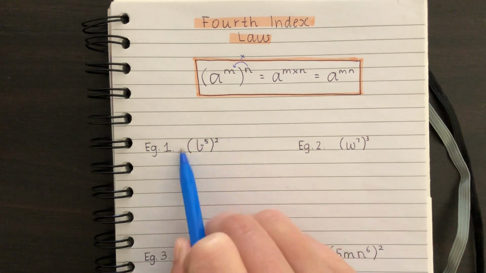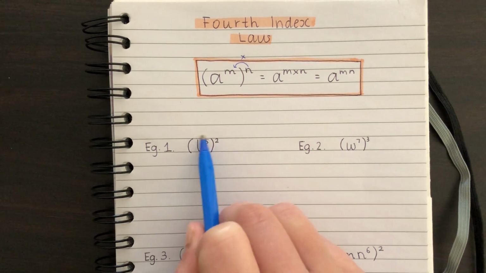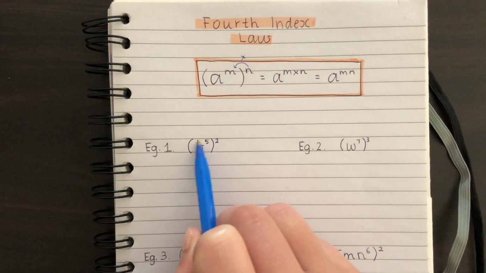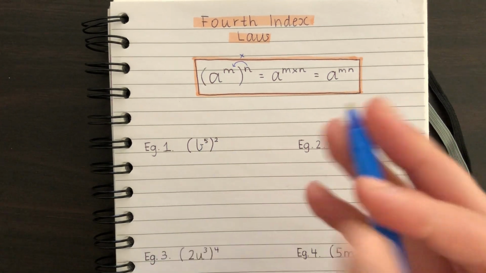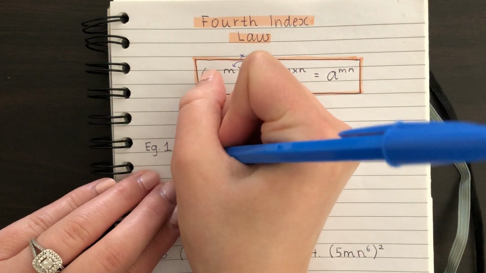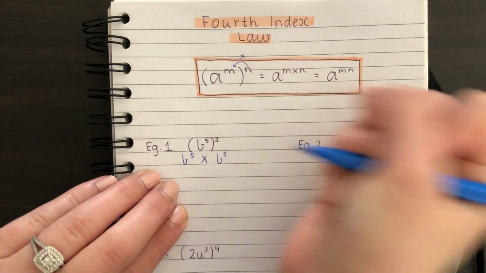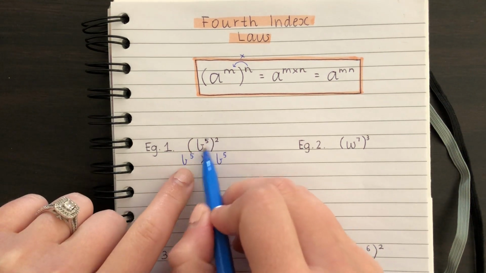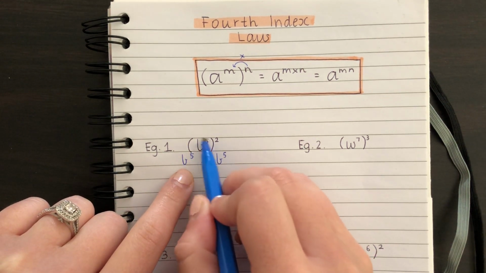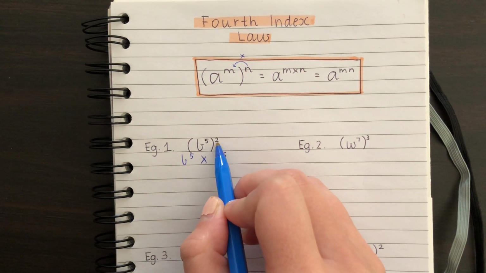Okay, so what this actually means is b^5 is being multiplied by itself 2 times. So this can actually be written as b^5 times b^5, because we have b^5 here in the brackets and it's being timesed by itself 2 times.